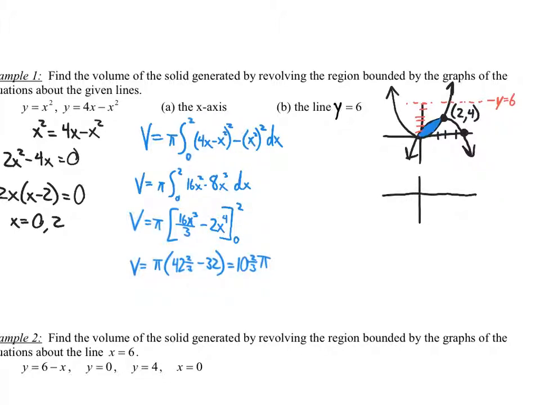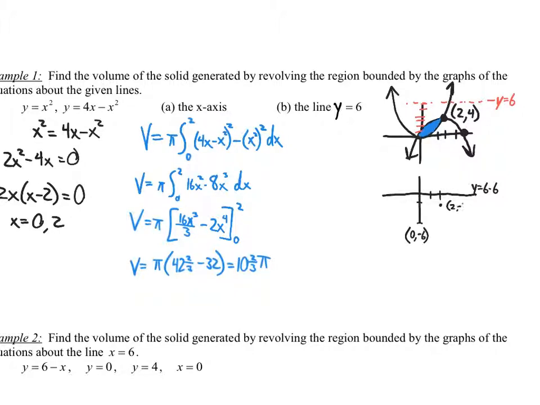How do I make y equals 6 into the x-axis? I do y equals 6 minus 6. So if I do the same thing with my other two functions, they'll both be intersecting at this point 0, negative 6. And instead of 2, 4, it'll intersect at 2, negative 2.